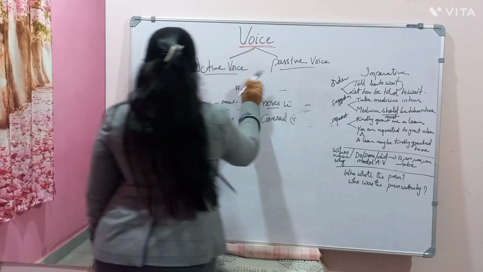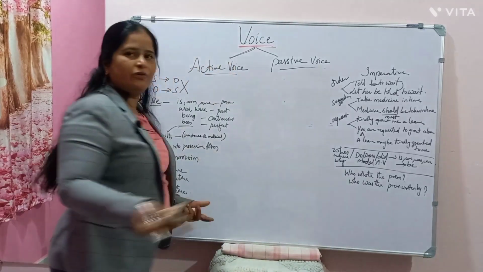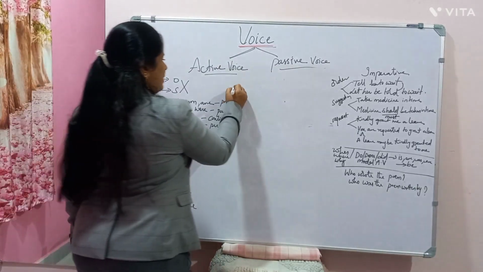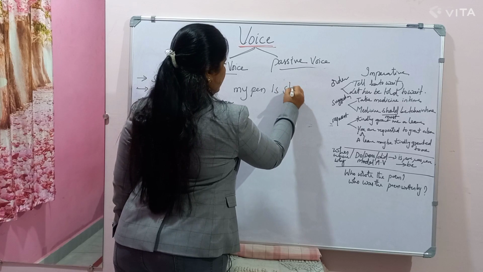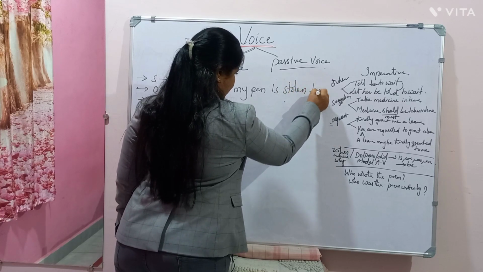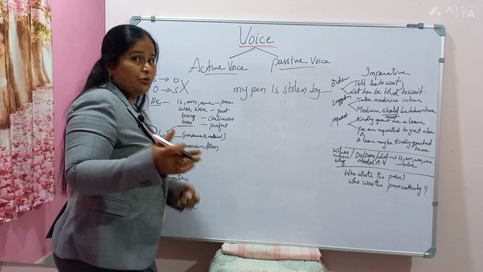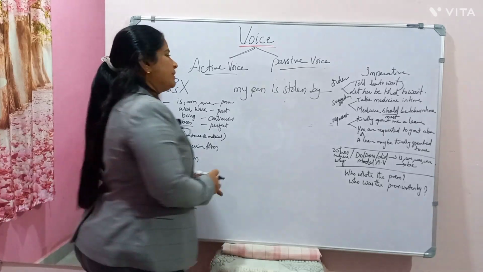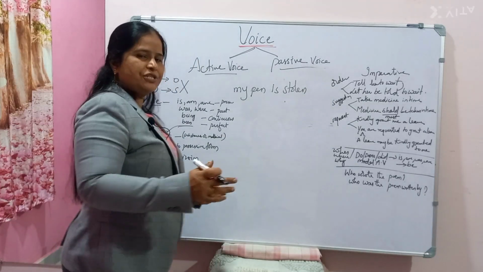The other point is, when do we omit this by? For example, my pen is stolen. By whom? It's unknown to me, or else I know but I don't want to reveal it publicly. At that time we don't use this by. Elections were conducted.